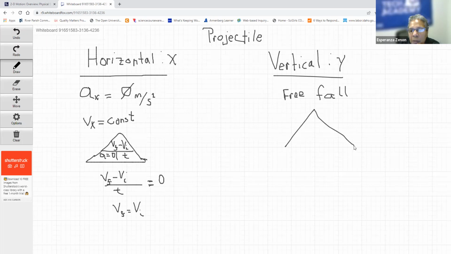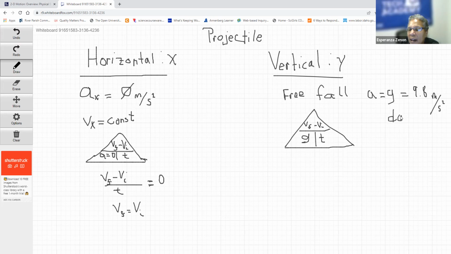Here's our pyramid, right? So we've got G, T, and then VF minus VI. Please do not mix these two up, because this VF and VI is for X. This VF and VI is for Y. They're different. And remember that A equals G equals 9.8 meters per second squared. And I'll just remind you that that's down.